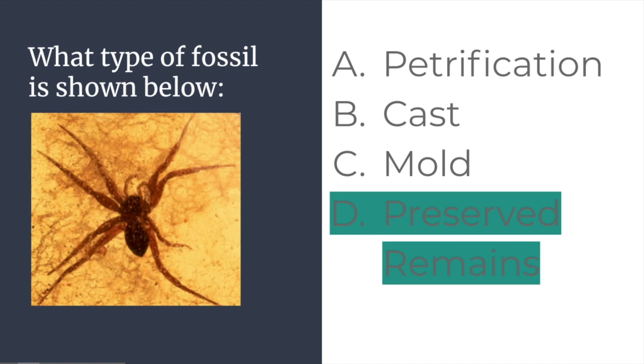If you said preserved remain, that is correct. We can tell because preserved remains are fossils that usually capture or freeze the whole organism, and when the fossil is found years later, the organism has the same exact shape, since it was frozen or captured in what it was doing.